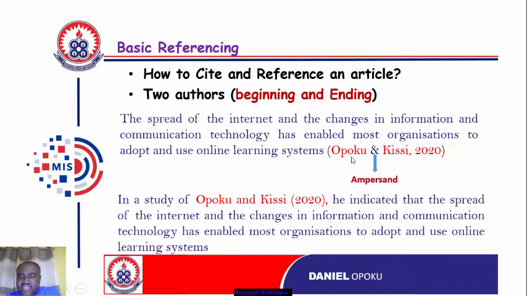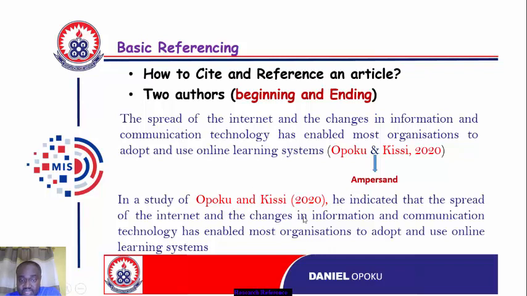And when the reference begins the statement, like this one, for instance, in a study of Opoku and Kisi, you see they are beginning. In that case, you can use the word and, A-N-D. When it's at the end, you use the ampersand. And when it's at the beginning, you use the word and. So Opoku and Kisi. Okay, in a study of Opoku and Kisi, then comma, he indicated that the spread of... but it's not he, it's they, because they are two.